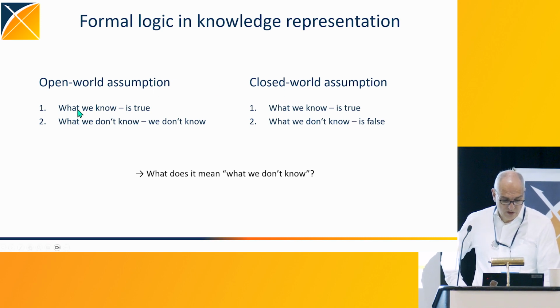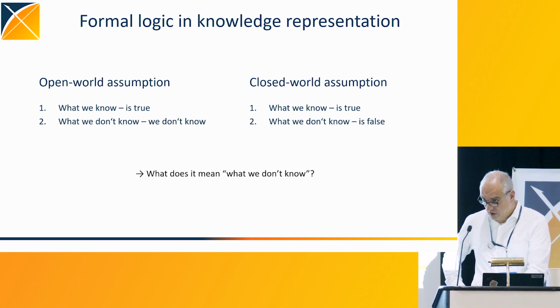Open world assumption means what we know is true, what we don't know, we don't know. Closed world assumption is what we know is true, and what we don't know is false. That's the only difference. It's a huge difference. What does it mean, what we don't know? Well, it means what's in the data. Do we have a record or not?